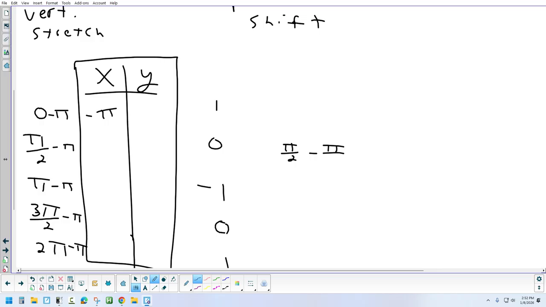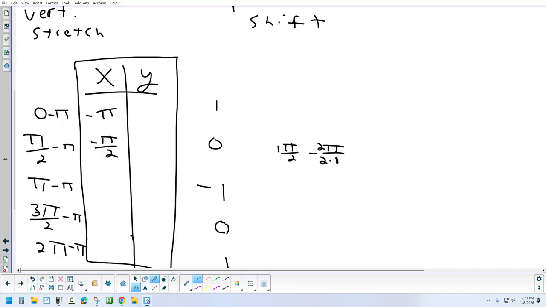But pi doesn't have a denominator, so what could we put? 1. Put a 1. And then what's the common denominator between 1 and 2? 2. So how would you make this a 2? You multiply the numerator and the denominator by 2. Yep, multiply them both by 2. And what's 1 pi over 2 take away 2 pi over 2? Negative 2 pi over 2.